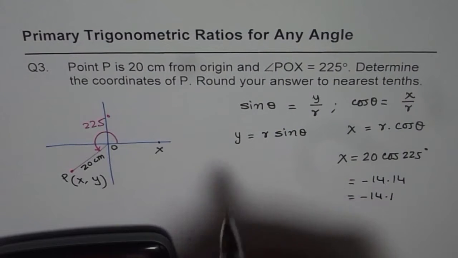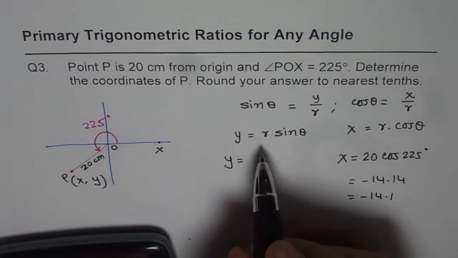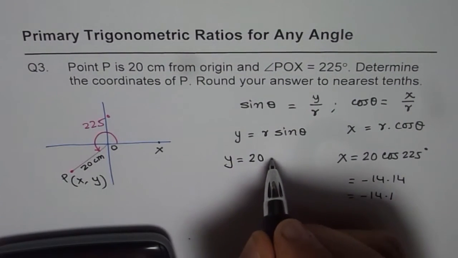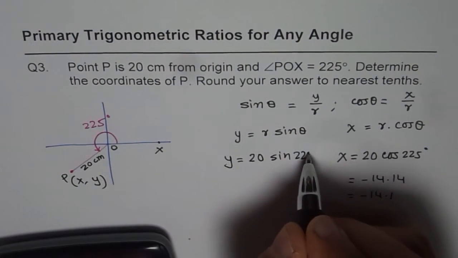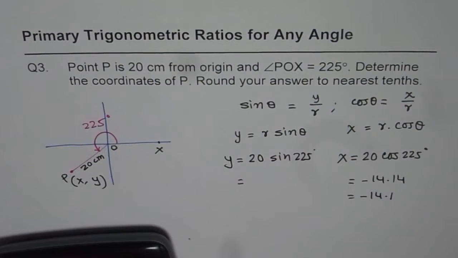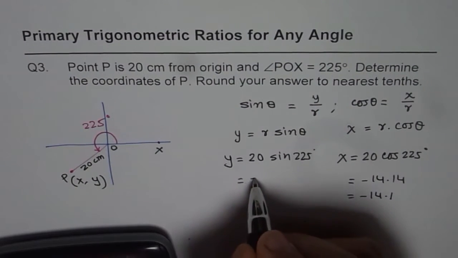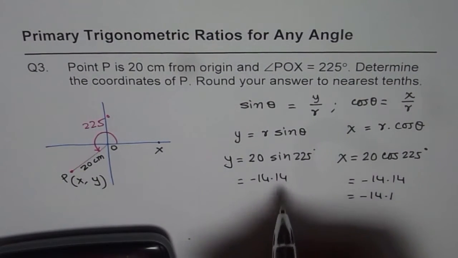Now y will be equal to r, which is 20, times sine of 225 degrees, which is equal to minus 14.14. It's kind of the same, right?